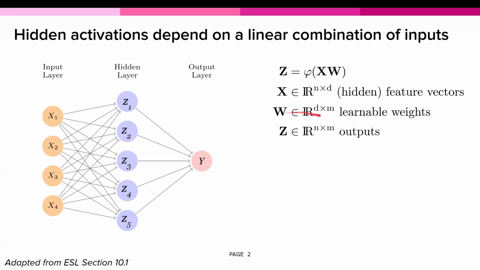Our weight matrix is dimensionality D times dimensionality M, to move us from D space into M space. And then the activations can be represented as a matrix of the number of samples, each of which is M-dimensional. So that's been the picture of neural networks so far.